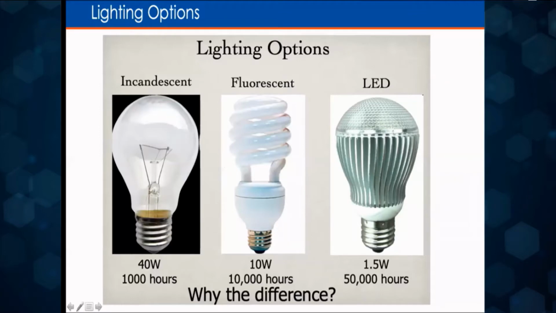Incandescent lamps work by taking a carbon fiber or a tungsten wire and heating it as electricity passes through. The majority of the energy loss is due to heat. So the incandescent lamp is not a preferred option, but we used it for a very long time.